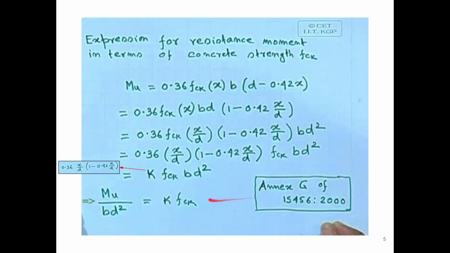This term will be used later while we will be designing various structural sections. This value will be used for finding values in various tables and codes, and all this you can find in the annexure of IS 456.